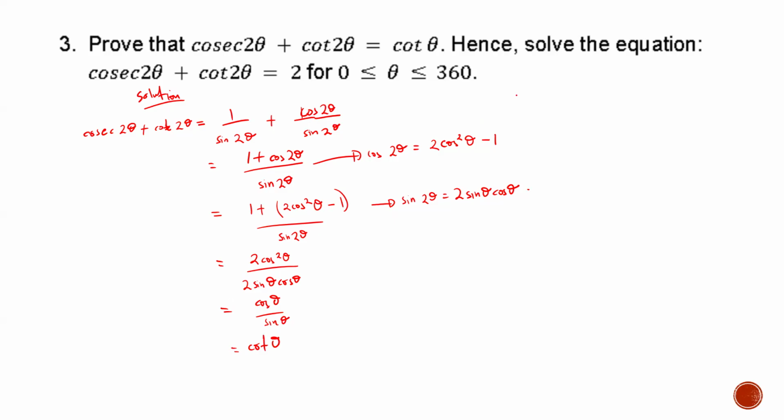Now we are going to solve for that equation. So since you have already made the proof, we can make the conclusion, yeah? Left-hand side is equal to right-hand side. Or you can go all the way and write the expression.